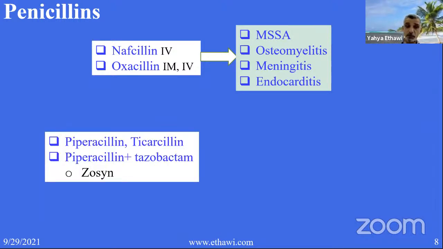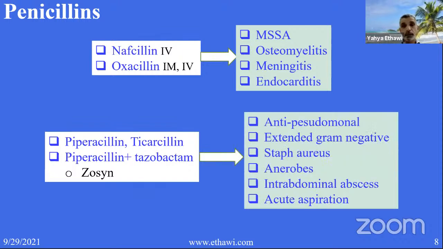The other examples are piperacillin and ticarcillin, and also piperacillin plus tazobactam, or what we call pip-tazo. An example is Zosyn. The difference between nafcillin and oxacillin versus piperacillin and ticarcillin is that these have anti-Pseudomonas activity and more gram-negative coverage. They also work against staph, but not against MRSA.